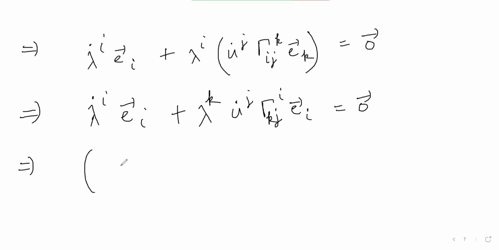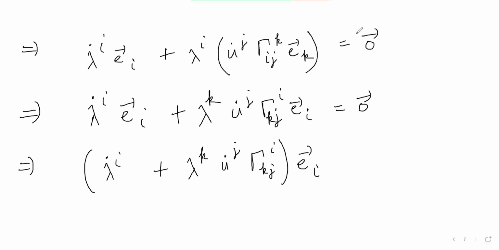So that gives us the following. We've got lambda dot i plus lambda k u dot j, Christoffel symbol i kj, and we put outside the e i because we factored it out, since it's a common factor to both terms.